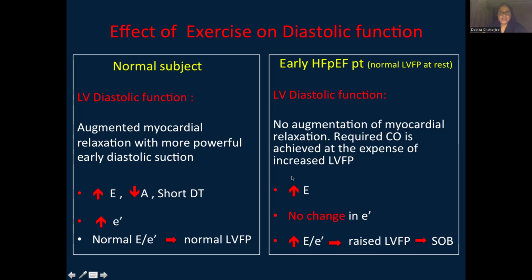So though the E wave becomes tall, there is no change in the E prime, because there is no augmentation of myocardial relaxation. So E prime remains short, making the E by E prime value very high, indicating raised LV filling pressure, and that is why the patient goes into shortness of breath.